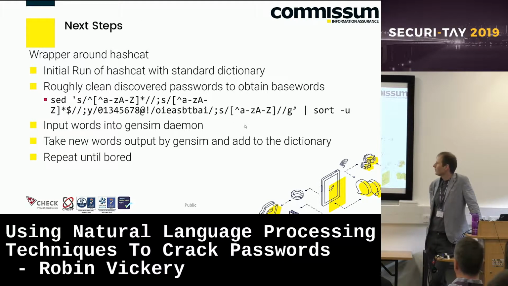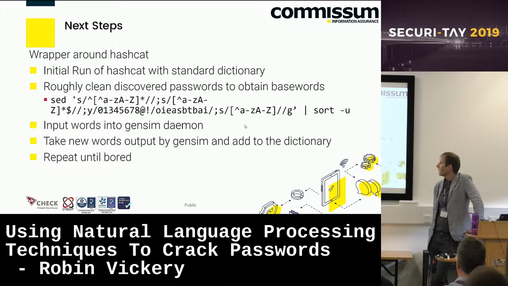The next step from this is to put a wrapper around hashcat. We do an initial run of hashcat with the standard dictionary, and it finds a bunch of passwords. We then clean them up using a fairly basic regular expression to remove all the bits and pieces people add to the end of their passwords to make them random, and we put the words into our Gensim script.